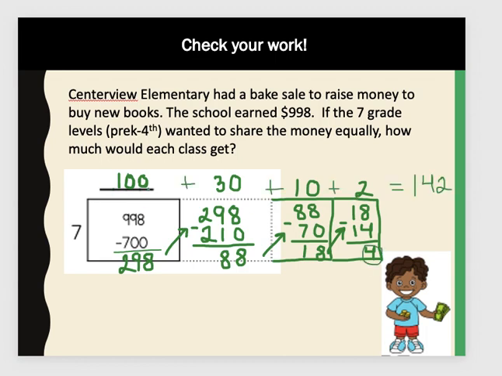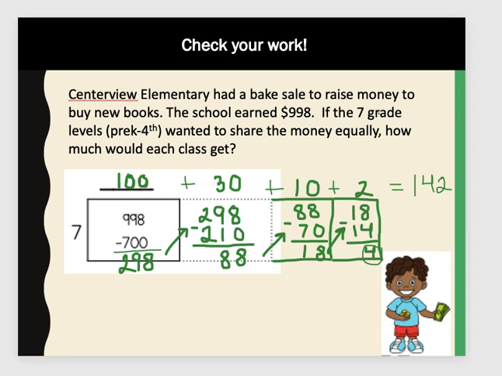I need to add across the top to know that 7 times the total across the top equaled my total area. 7 times 142, and that remainder of 4 that's left over would equal 998.